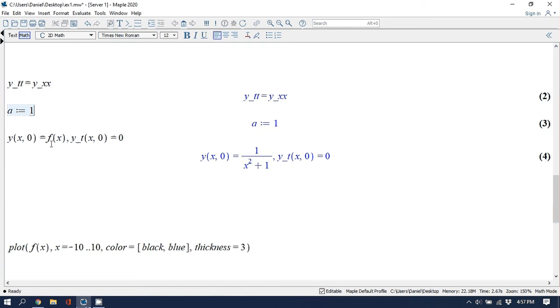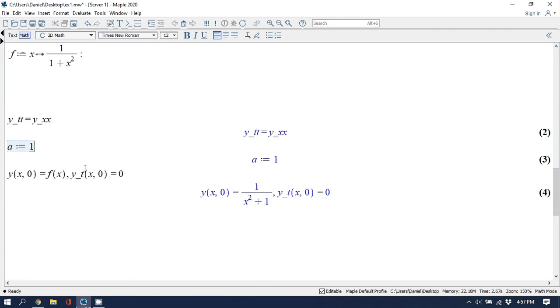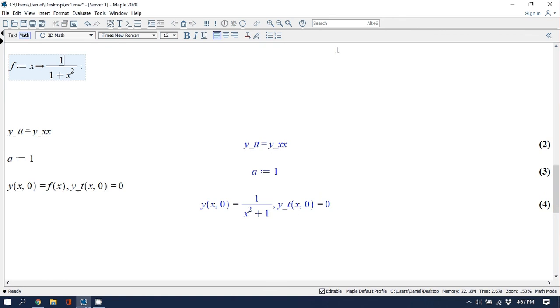And the solution that we obtained in the previous lecture was for an initial displacement given by a function f of x. And in this case, I took a function to look like a hump around the origin. You'll see the graph immediately. So f of x denotes the initial displacement, and the initial velocity is equal to 0.